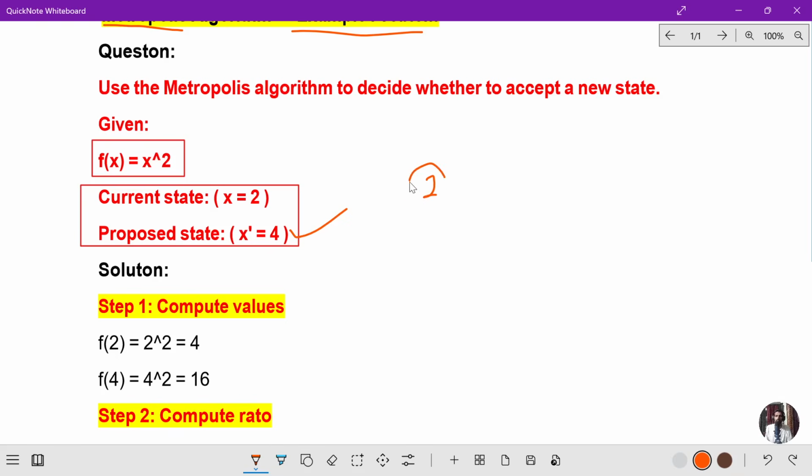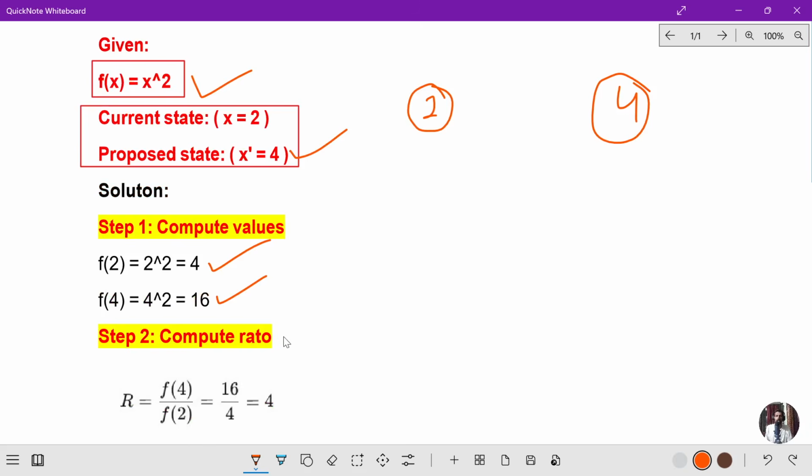Now what is going to happen? Compute the values first. When the equation is x square, what is the value of 2 square? 4. 4 square? 16.